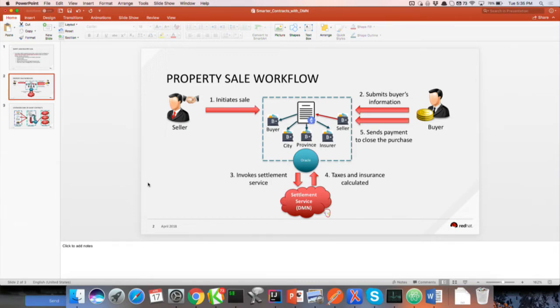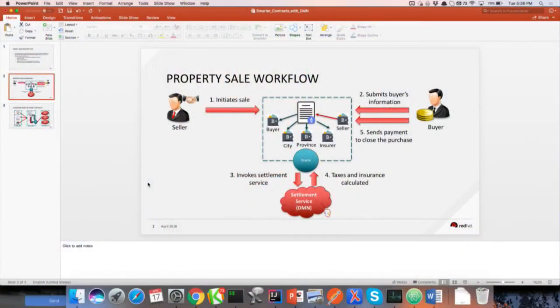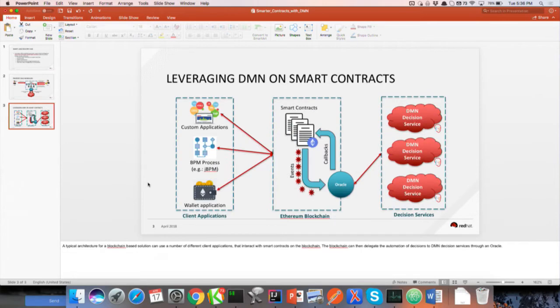The contract will do the settlement, but instead of hard coding the rules, especially legislation that is defined by government and can change at any time, it will use the Oracle to invoke this service as an external DMN service, receive the response with all the amounts involved for the settlement, and then the buyer can submit the payment, and the contract will do the settlement.